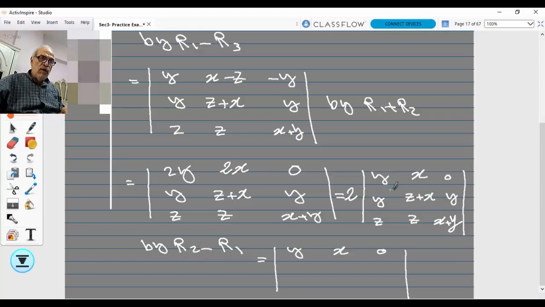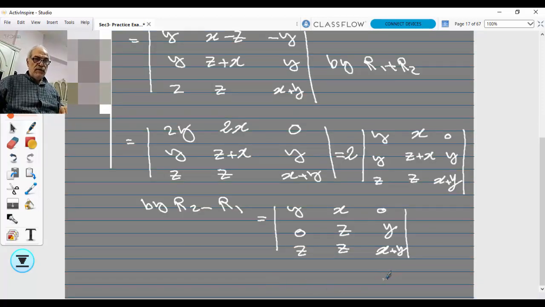Okay, so y minus y equals 0, x minus z minus x, y minus y equals 0, z plus x minus x equals z, y minus 0 equals y, and the third row will be z, z, x plus y. So we want to simplify the third row by subtracting r3 minus r2.